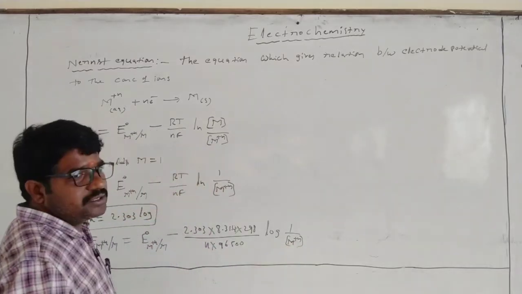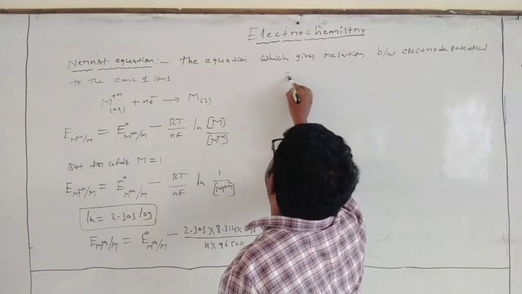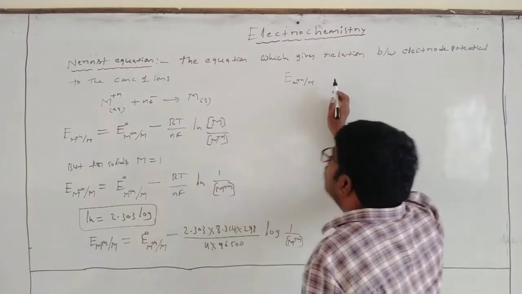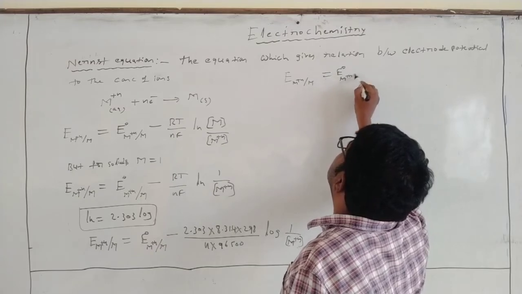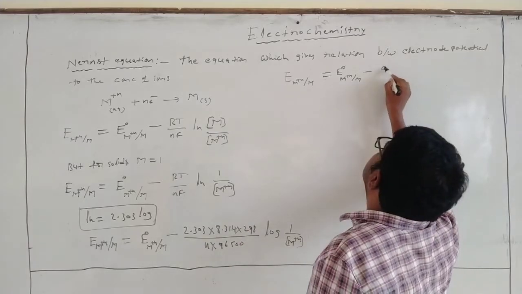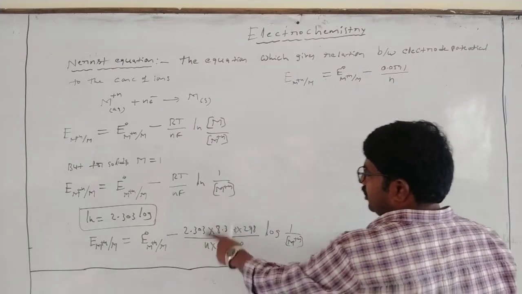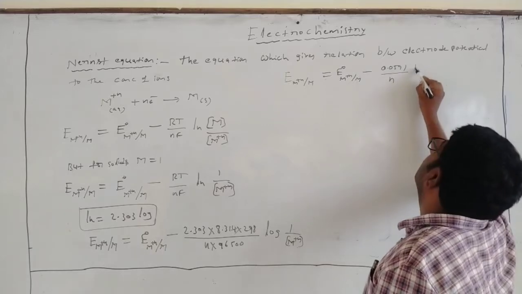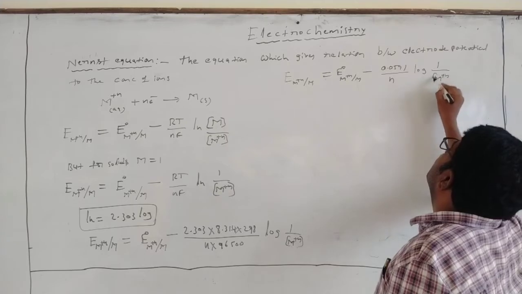The total value is 0.0591 by n, so E is equal to E naught minus 0.0591 by n log 1 by the M plus n ion concentration.